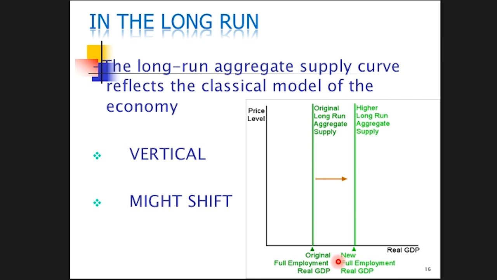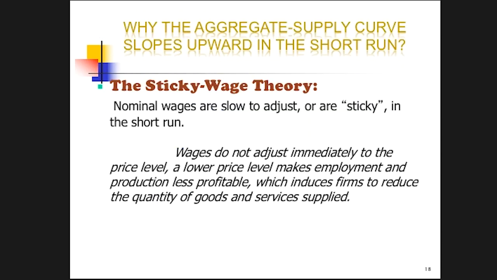What about in the short run? The theory to explain the supply in the short run is the sticky wage theory. In the short run, nominal wages are slow to adjust, so we call it sticky.